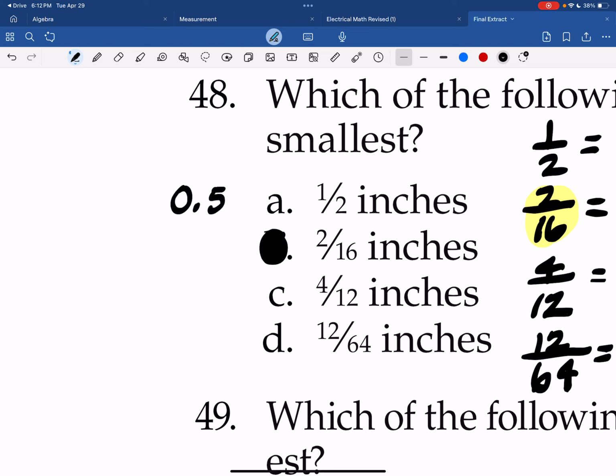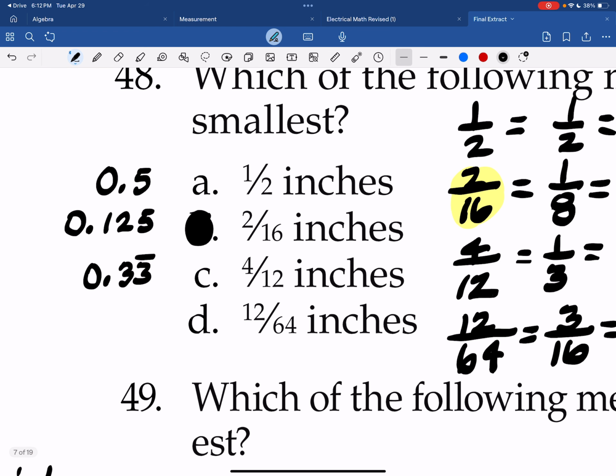Two 16ths, we know that that's 1/8. That's 0.125. 4 twelfths is 1/3, so that's 0.33 repeating. And 12 64ths is 3/16.